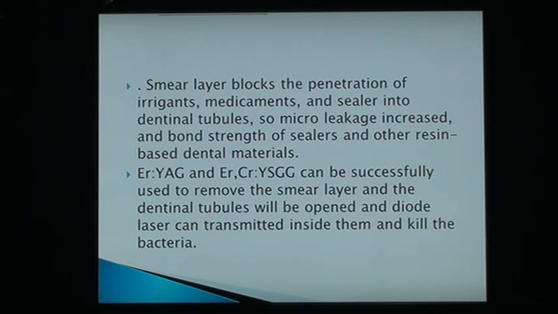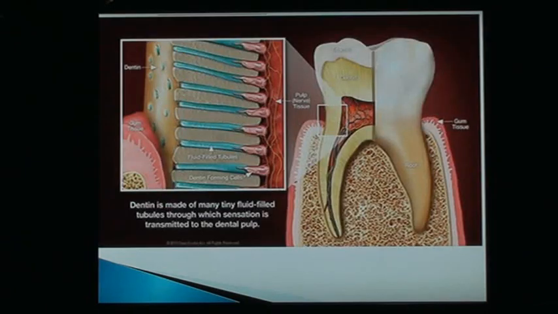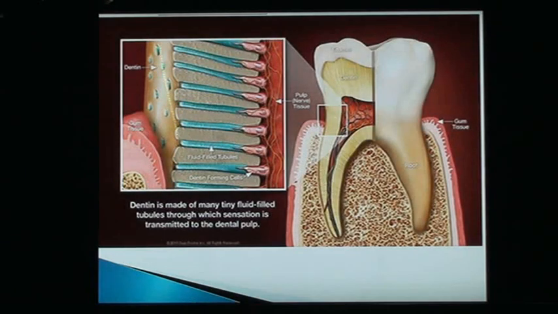What does this mean? If we go back again to our picture, here if I use erbium, I will remove all the smear layer and open the dental tubulus, and it will be really clean. The main root canal is clean 99.98%. And I remove all the smear layer and open the dental tubulus, and then I can use diode, for example, or Nd:YAG.